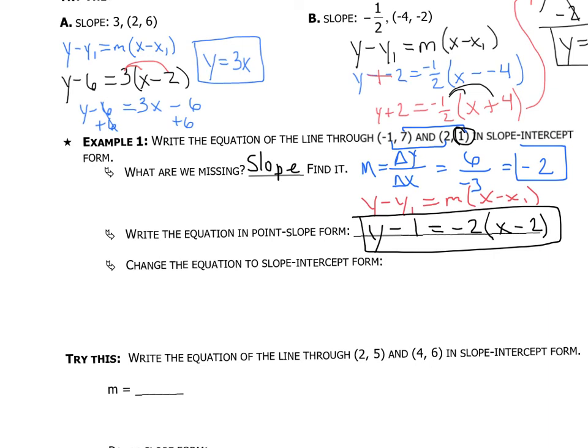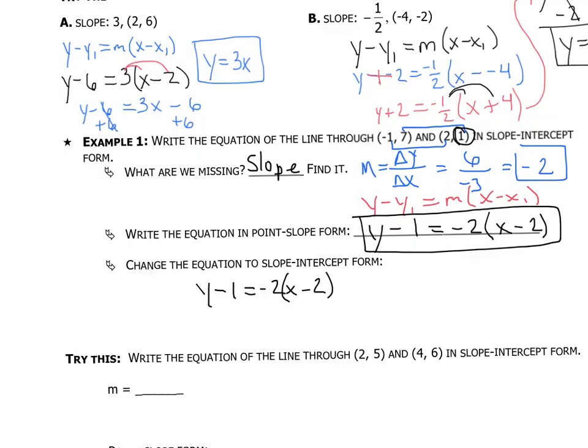Now, doing what we did above, we now need to put it in the correct form, which is the slope-intercept form. So basically we just need to solve for y. Let's solve for y. I'm going to rewrite this down here. y minus 1 equals negative 2 times x minus 2.